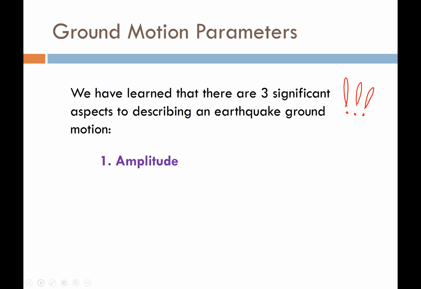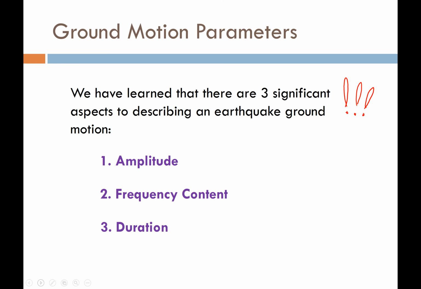The first one are ground motion parameters that deal with the amplitude of the recorded time history. The second one are ground motion parameters that deal with the frequency, or what we call the frequency content, of the recorded time history. And the last is a ground motion parameter that deals with the duration, or how long the time history is occurring.